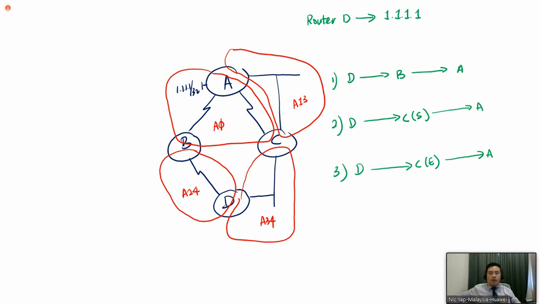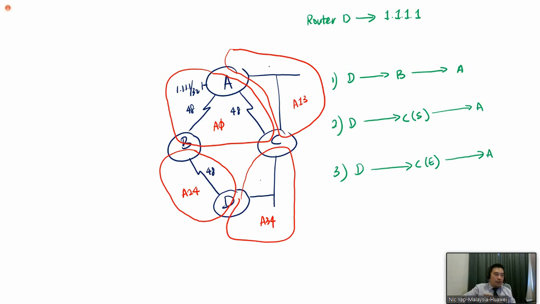Based on this example, from router D, how to go to router A, 1.1.1.1. Let's assume that this is the cost. The cost between A and B is 48. The serial link is 48.